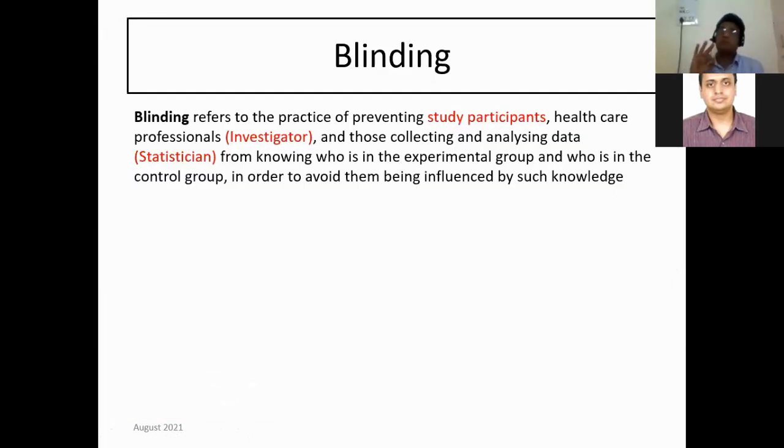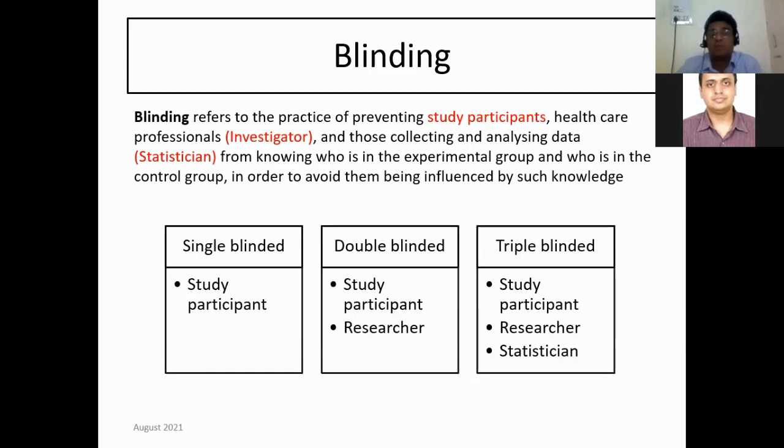The third term, which is a little confusing when it comes to RCT, is what is called blinding. Blinding basically refers to the practice of preventing the study participants, the investigator, and the statistician from knowing who is in the experimental group and who is in the control group, in order to avoid being influenced by such knowledge, right?